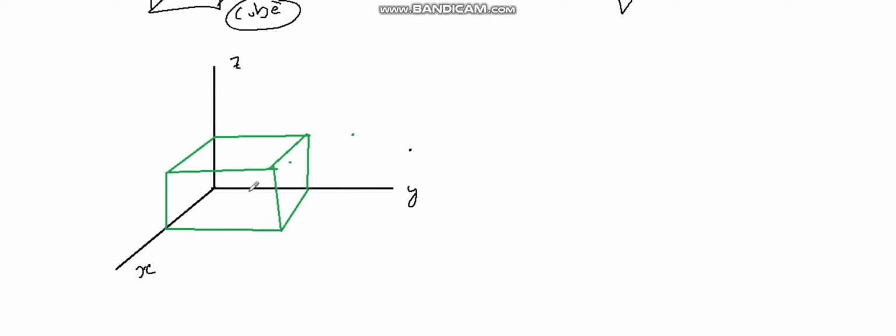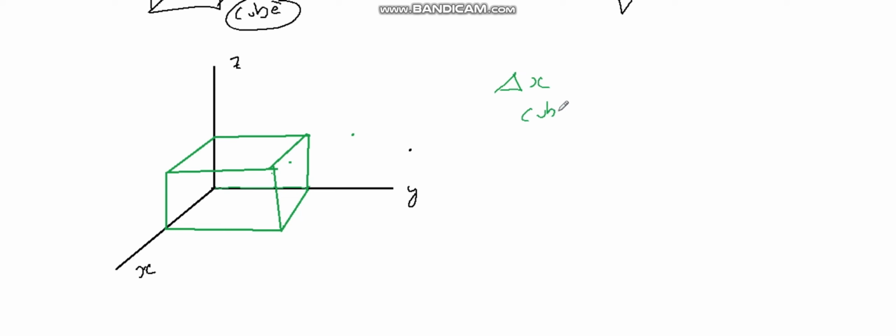So we have this cube, and all of these points have different coordinates. Let's say the side of the cube is infinitesimal, not infinitesimal at this moment, we will take the infinitesimal later.